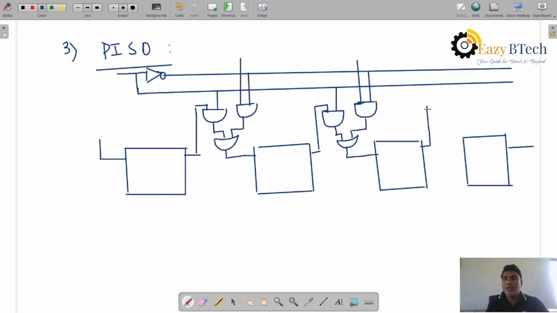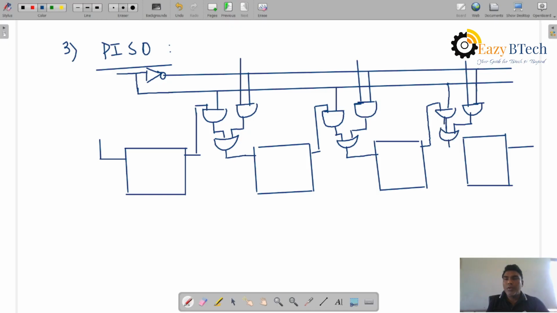Let me draw this one. This is one AND gate. Here also one AND gate. So from here to here, and from parallel input, and from here, you can take one OR gate.